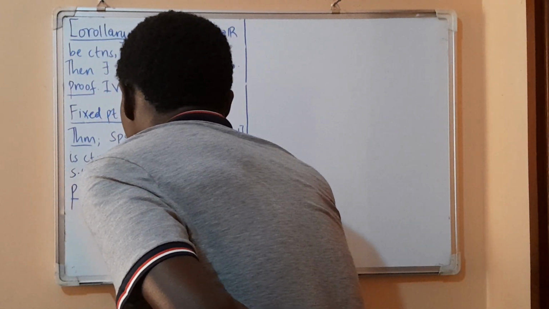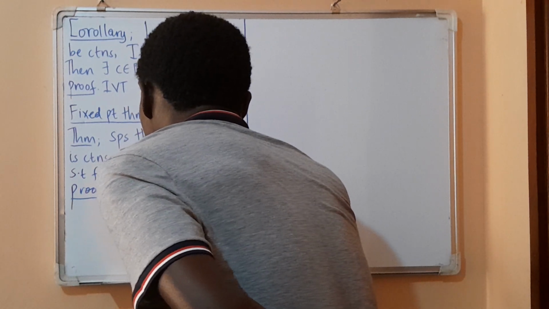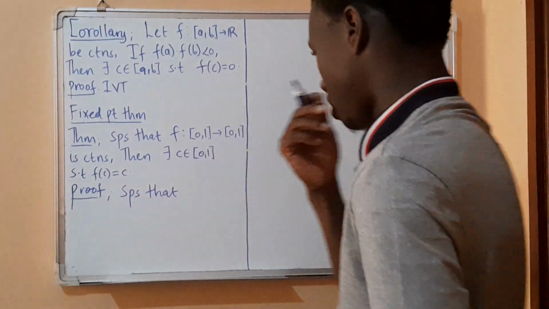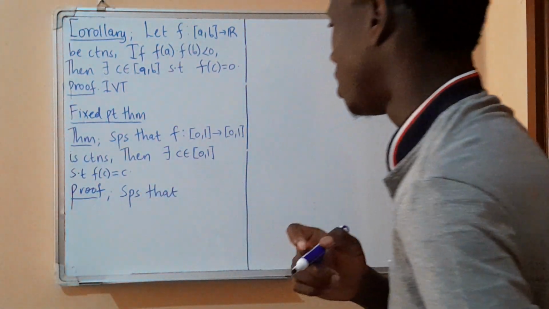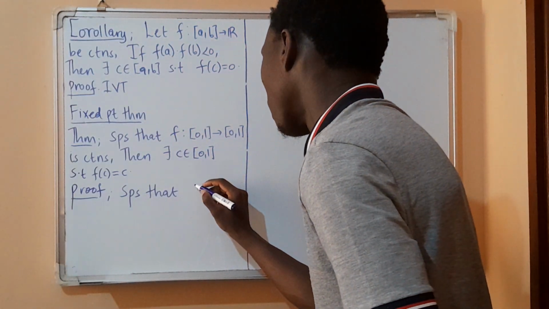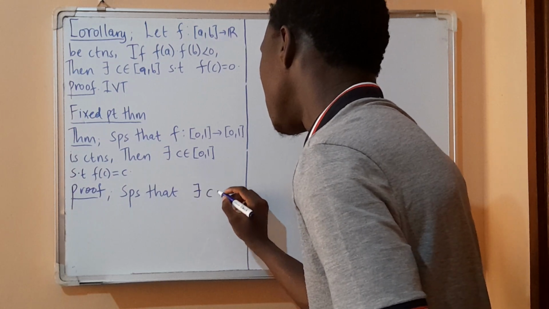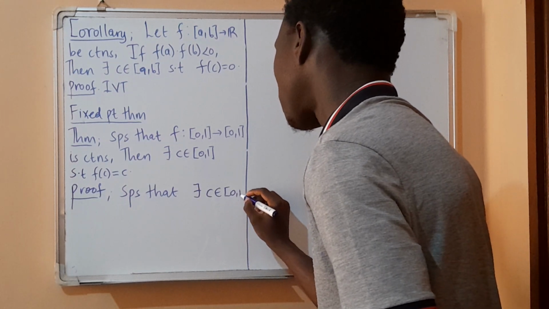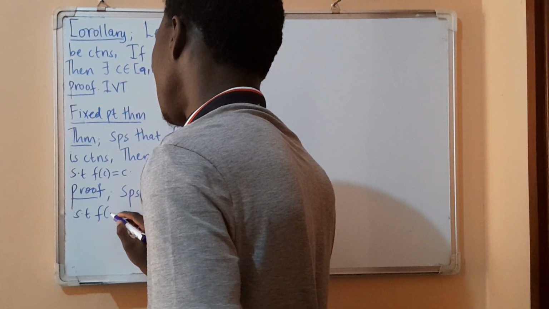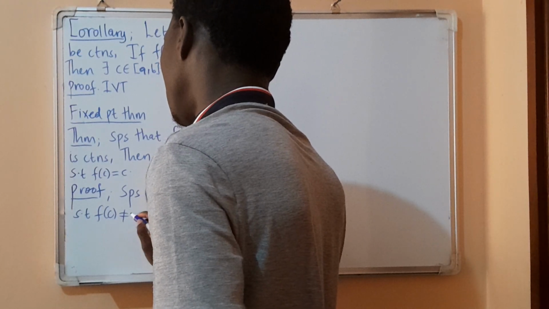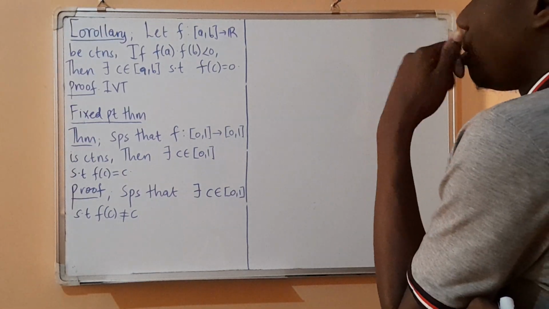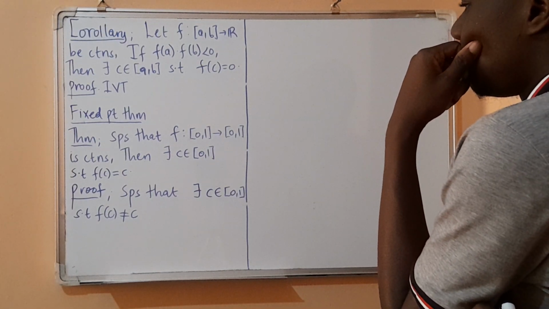We want to show that there exists a c in here such that f of c is c.